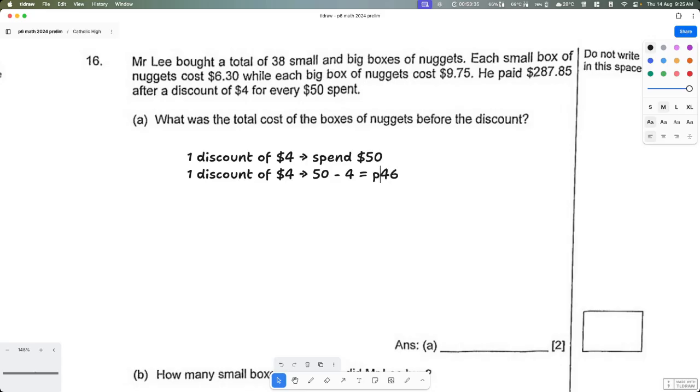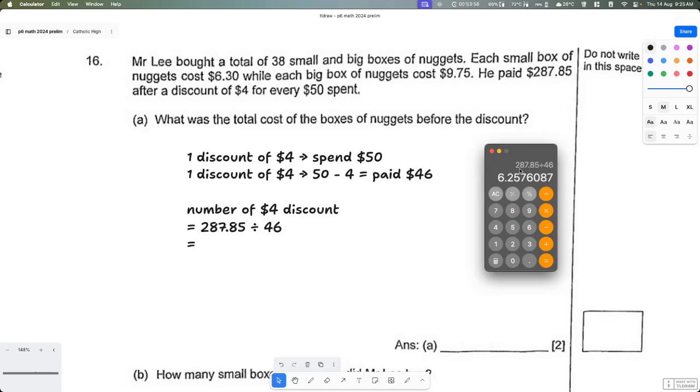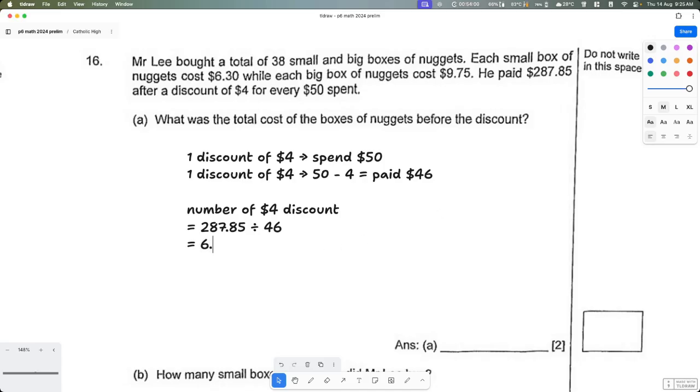So you paid $46. So the number of $4 discounts is equal to 287.85 divided by 46. Let's use the calculator. 287.85 divided by 46 is 6.25 and so on, and then we will just estimate it to 6.